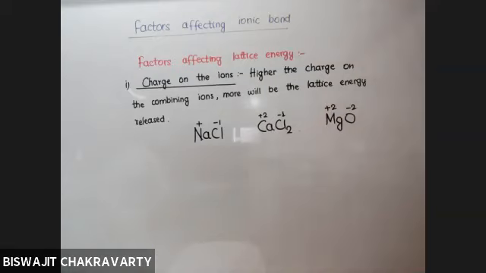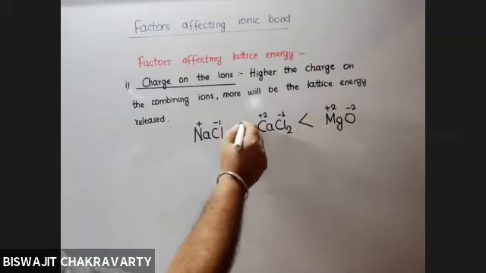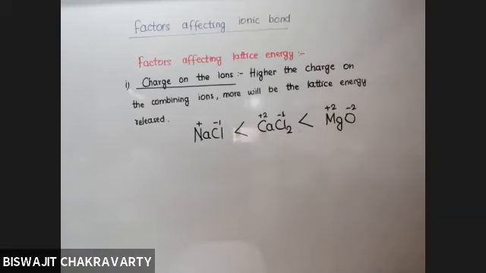So where do you think the magnitude of the charge is highest out of the 3? MgO. So therefore, lattice energy released will be highest in magnesium oxide, followed by calcium chloride, followed by sodium chloride. Clear? Yes.